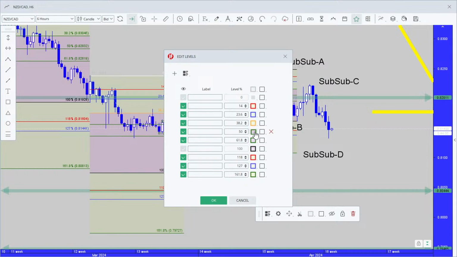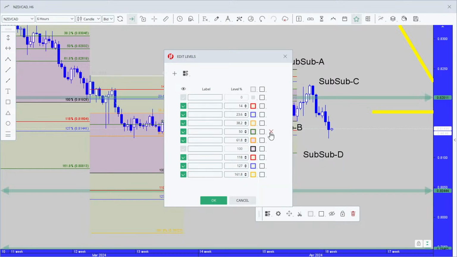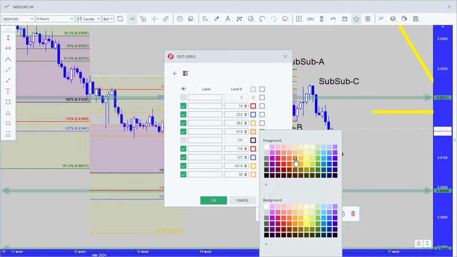And this is going to be orange, and this is going to be orange, and this is going to be 38.2. So I need to delete 50, and it's going to be orange.